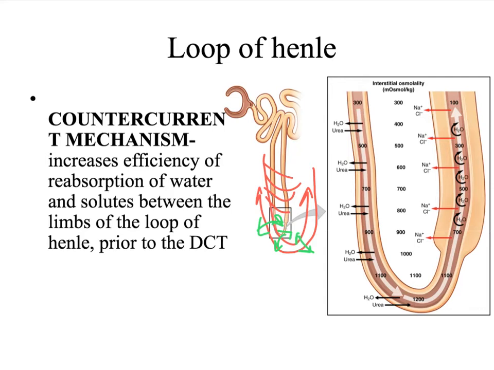So one of the ways that you can try to remember this is that water follows salt. Your body needs to be able to retain water, but it can't because water can simply pass so easily across cell membranes. Think about if you were trying to catch water in your hands, it would simply run through your fingers.